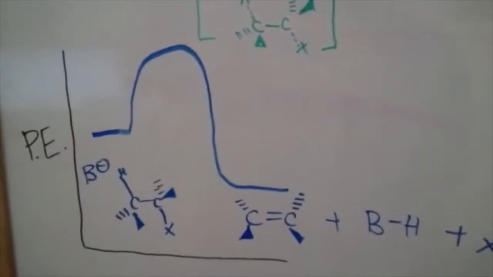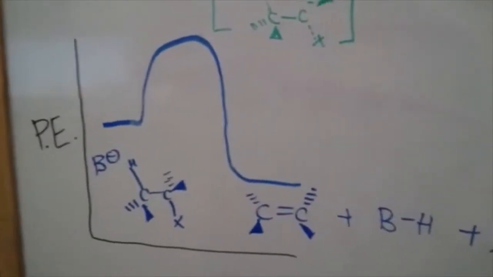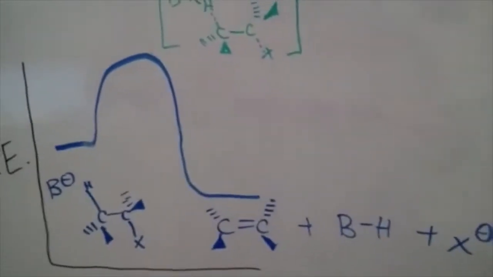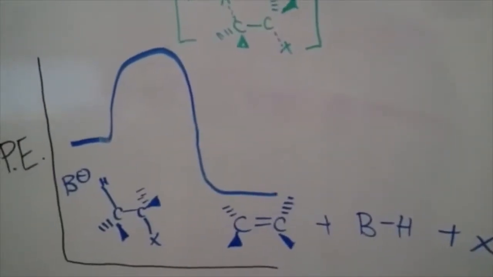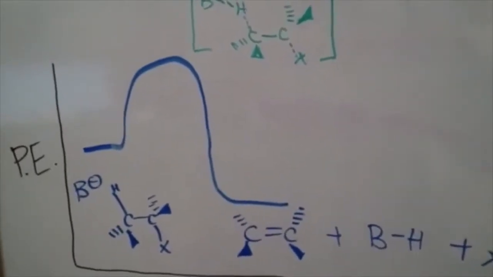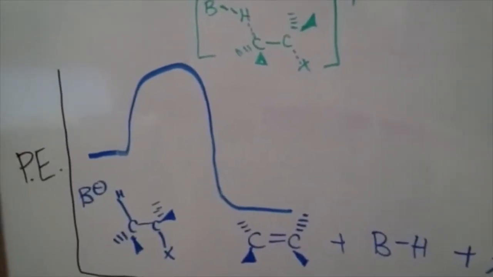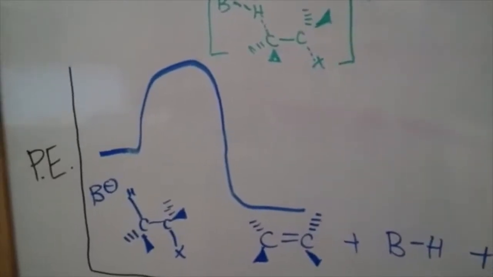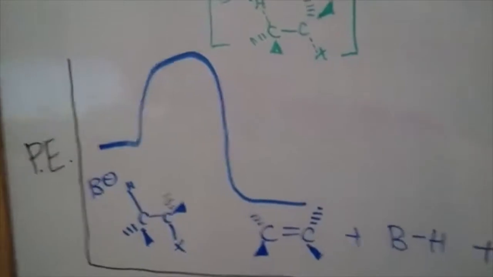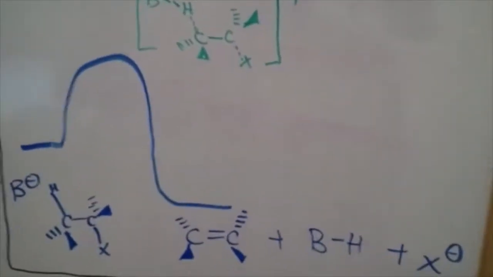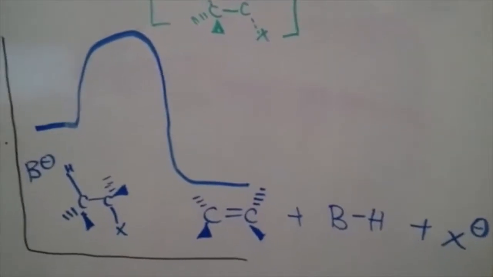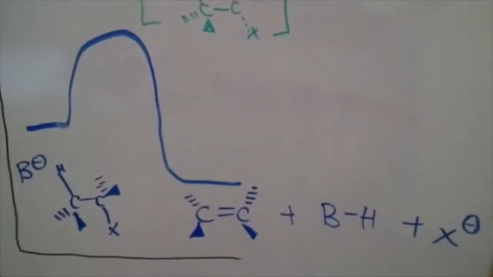This base is looking for something that's going to make it stable, so it's going to grab this hydrogen by all means. It's going to take some energy to grab this hydrogen. However, when the hydrogen is removed, the electrons are transferred and the leaving group leaves. We have an even lower energy profile for our alkene, our base attached to the hydrogen, and our leaving group.